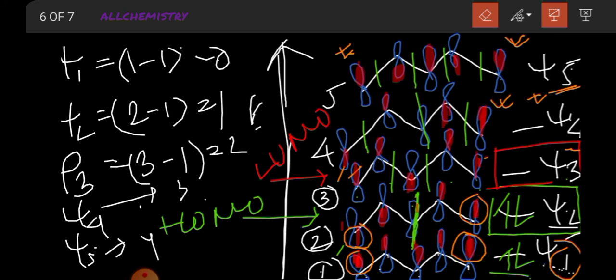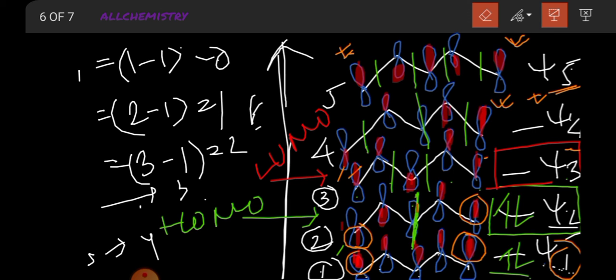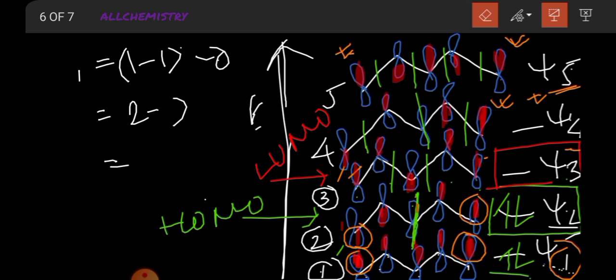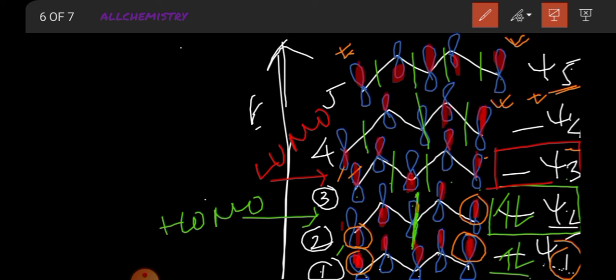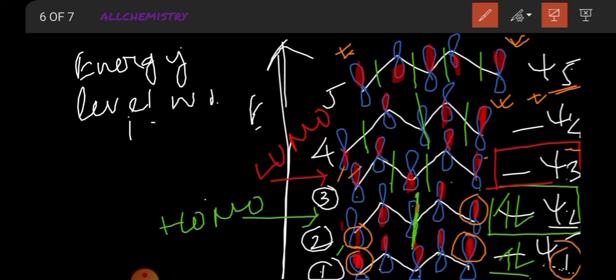So here is a shortcut to remember: when the energy level number n is odd, then the corners are on the same side.